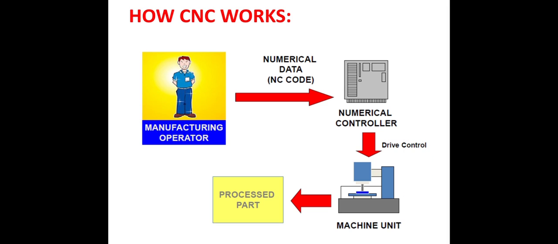The drive system works as the motion commands are sent by the MCU, that is machine control unit. It controls the motion and velocity of the machine tool. A display unit is used to see all the command programs and other important data, and acts as the eye of the machine. Once the machining is processed, the part comes out of the machine.